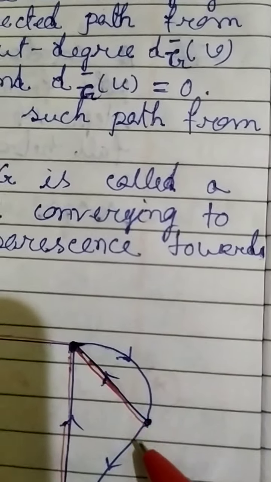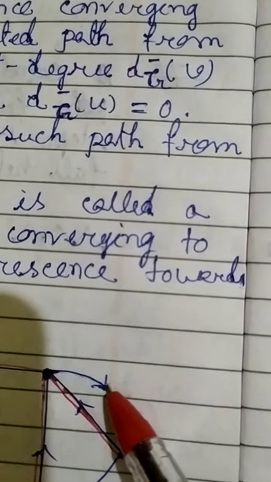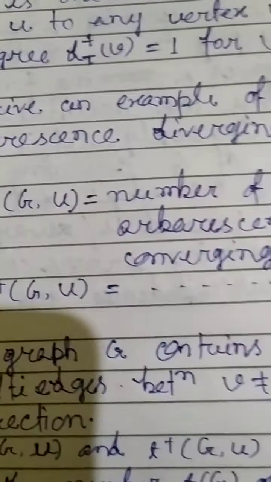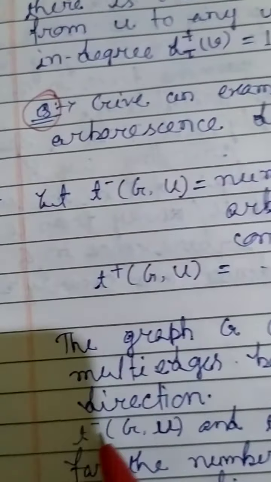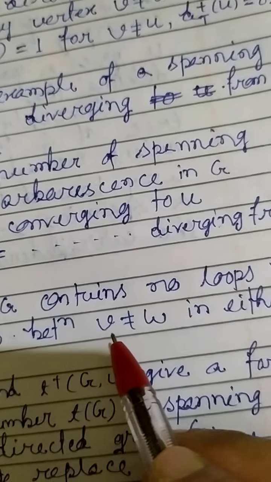So here you can see these are multi-edges, more than one edge between a pair of vertices, though the directions are different. They are multi-edges, or parallel edges, or multiple edges. So the graph Z contains no loops but multi-edges between V and V not equal to E in either direction.